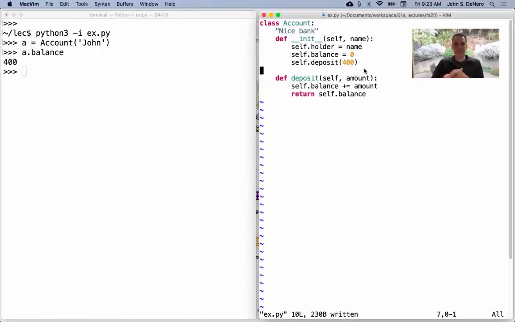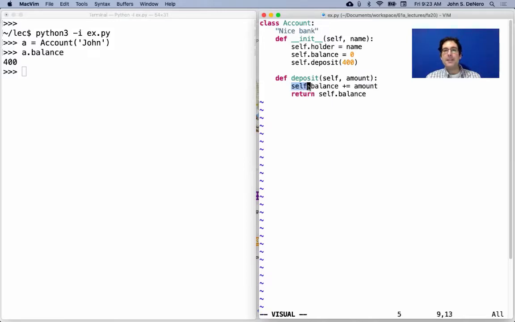Great question. Every time we're referring to self dot something and assigning to it, is that a form of mutation? Yes. What we're changing is self, the account object. So this account is something that's mutable. Instead of having elements like a list, it has attributes. It can get brand new attributes, which is what happened here when we gave it a holder attribute that it didn't have before.